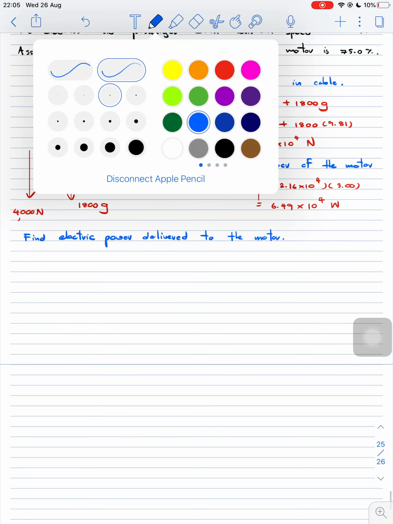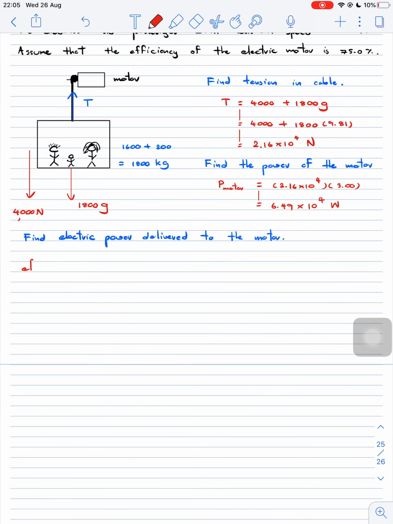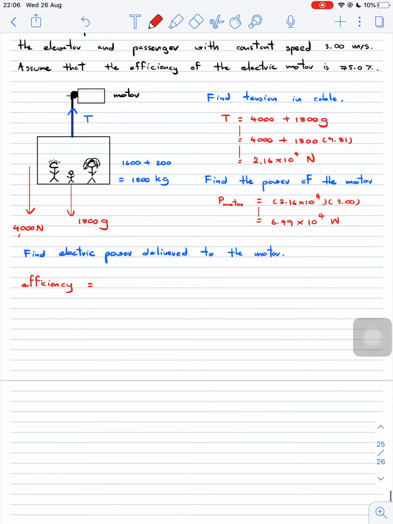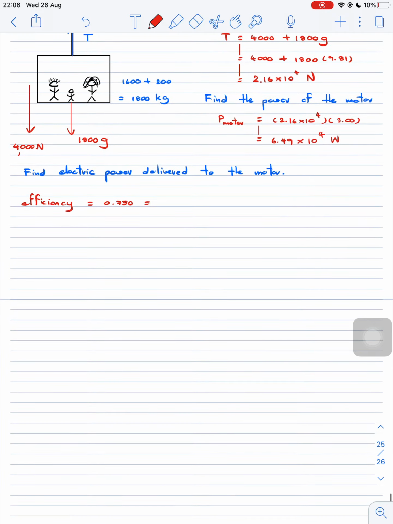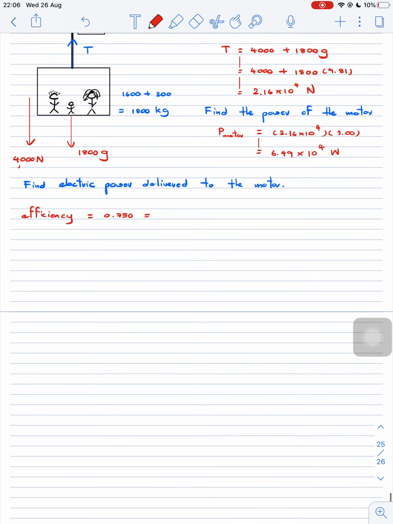Okay, so now with this, we know the efficiency of the electric motor. We can say that the efficiency, which is equal to 0.750, must be equal to the power that the motor gets in the numerator, over the electric power that's delivered to the motor in the denominator.